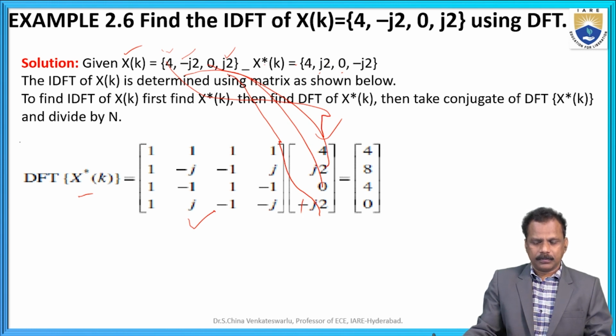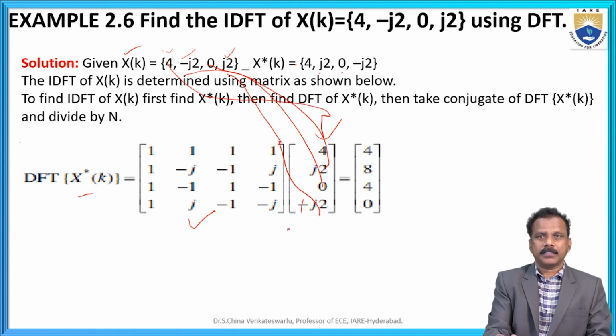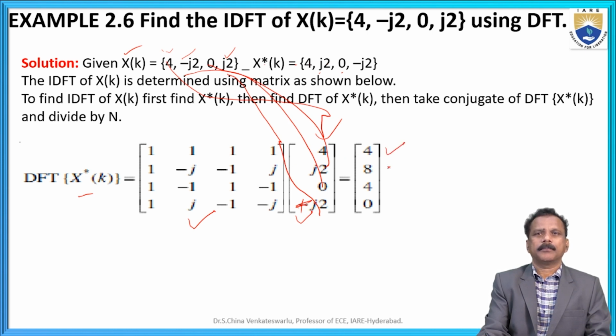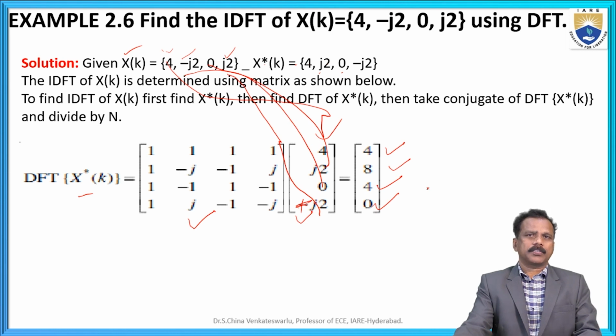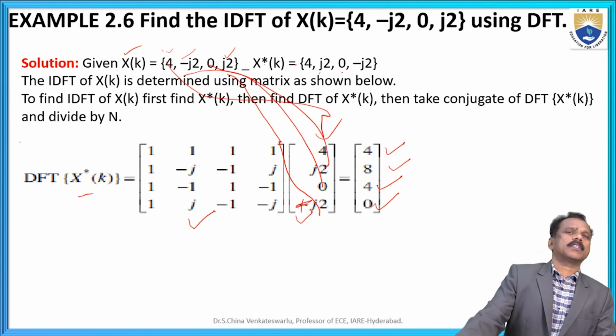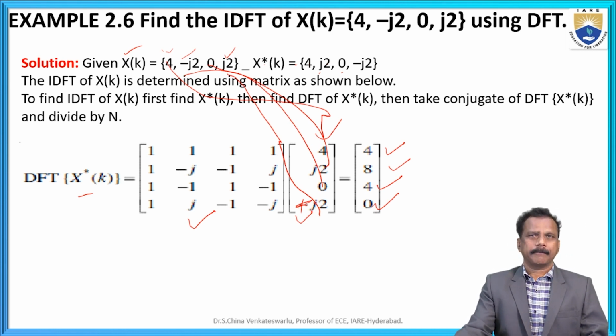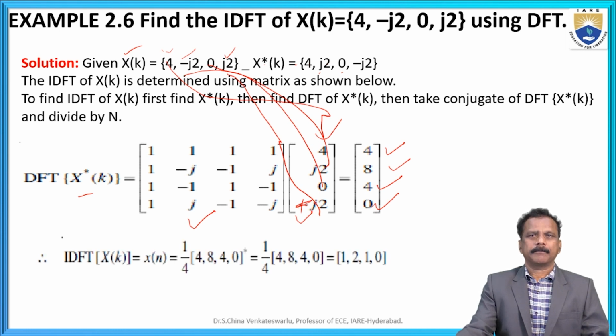After multiplying this value and this value, we have to verify that it gives 4, 8, 4, and this one is 0.